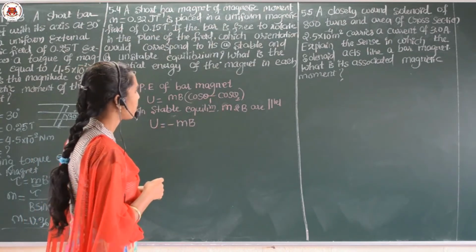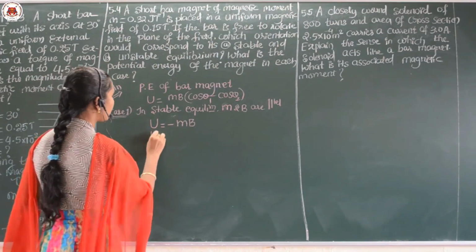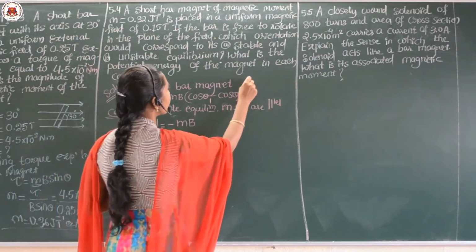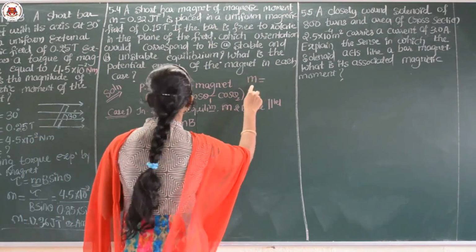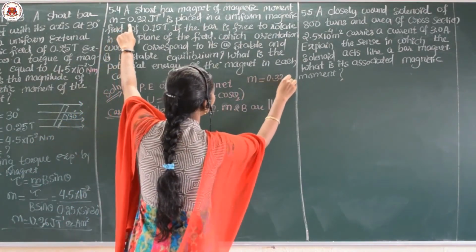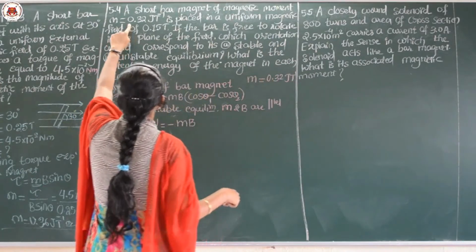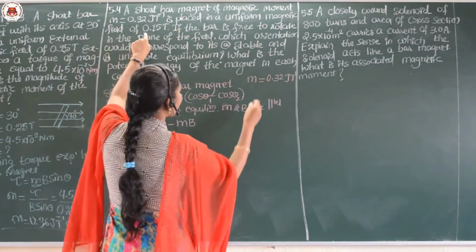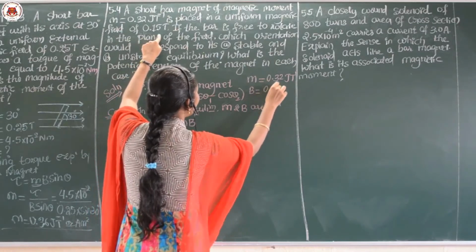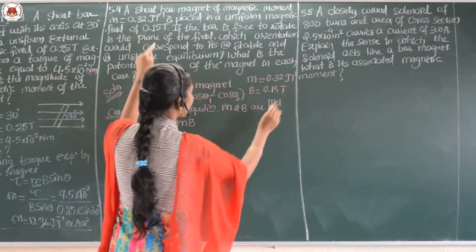Then U is equal to minus mB. From the given data we need to write m is equal to 0.32 joules per Tesla, and they have given the B value also, that is B is equal to 0.15 Tesla.